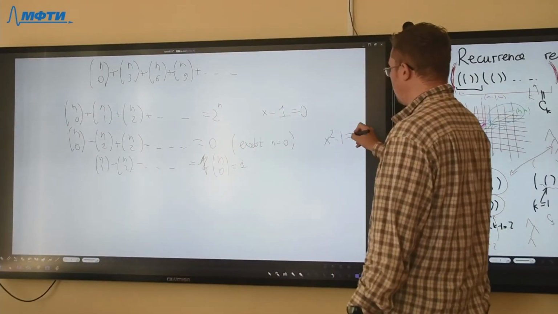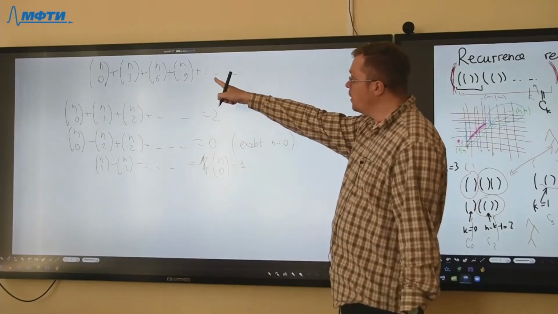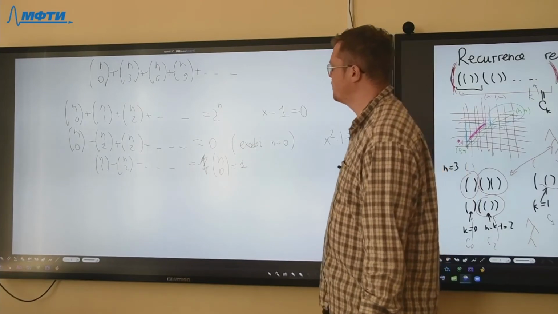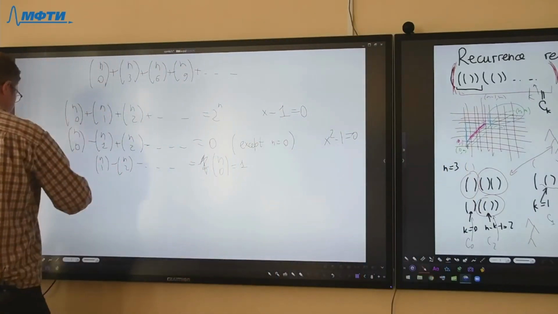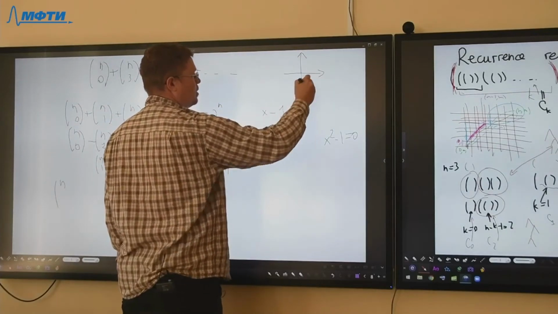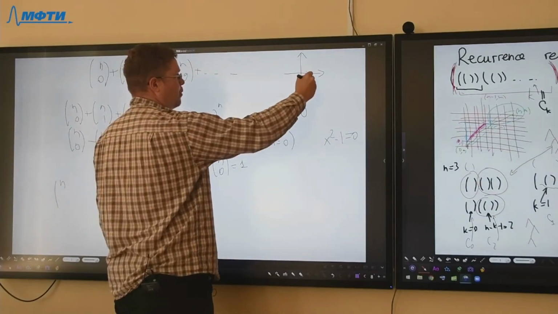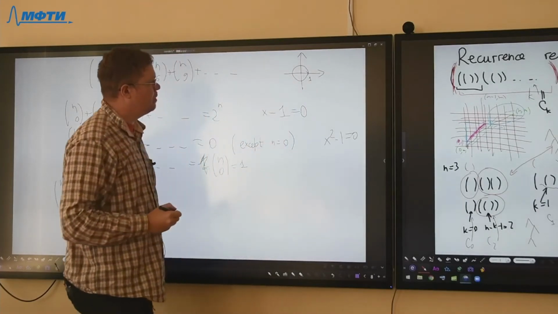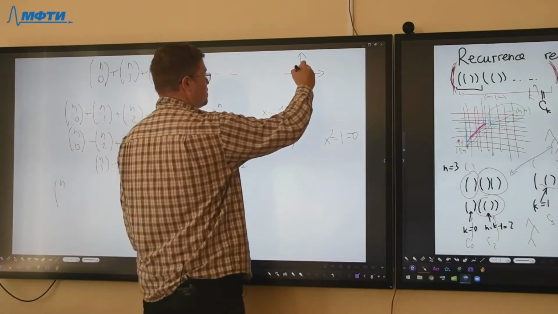So if you want to calculate this one, you need to calculate the roots of degree 3. I don't know if I'm saying it correctly. You take the complex plane. Here we have 1. And if you know how to see the roots of 1 of degree 3, we have exactly 3 roots.